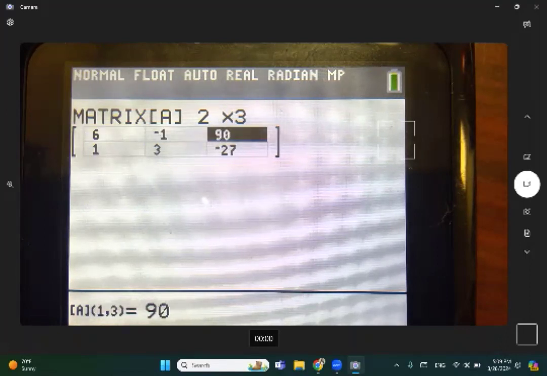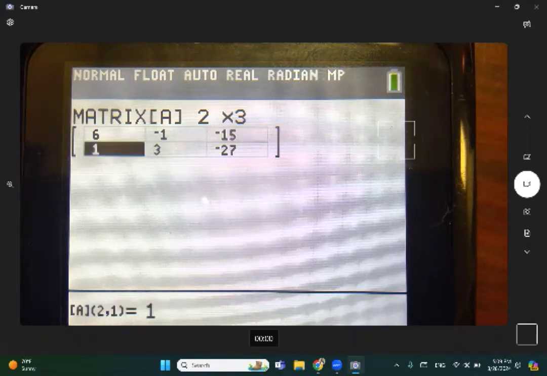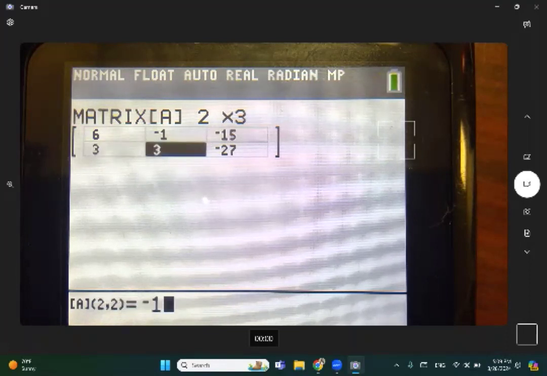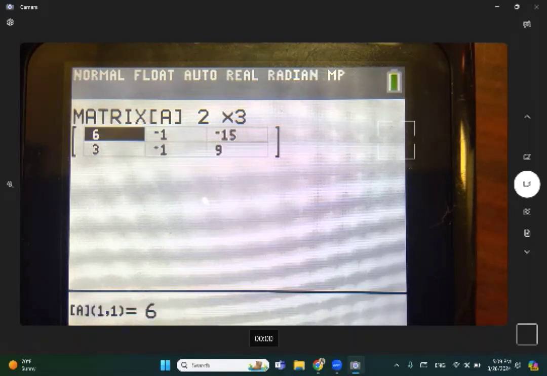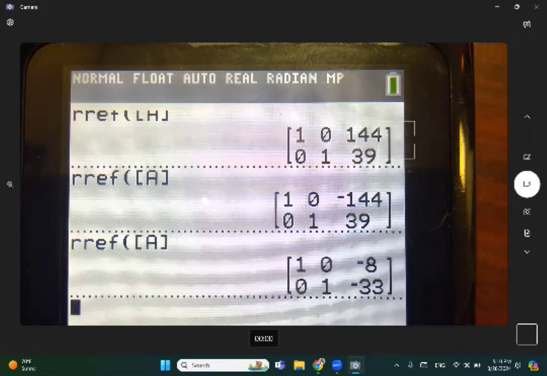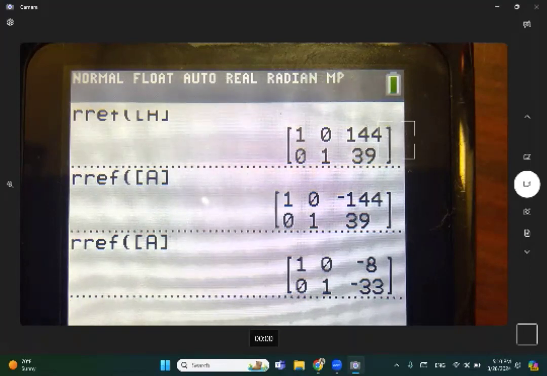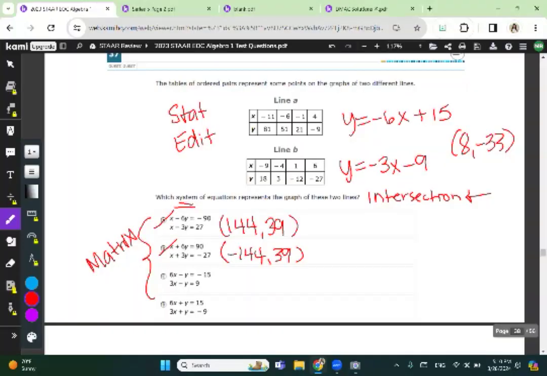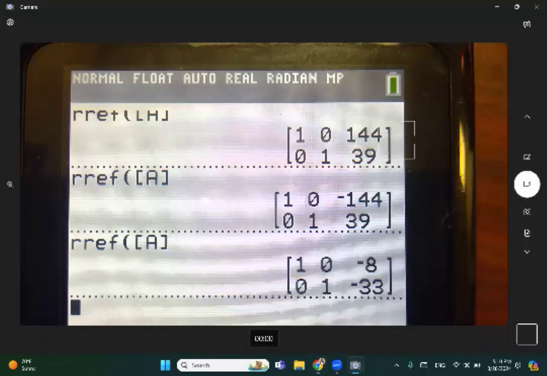6, negative 1, negative 15, 3, negative 1, 9. Second quit. Negative 8, negative 33. It was my luck. Okay.